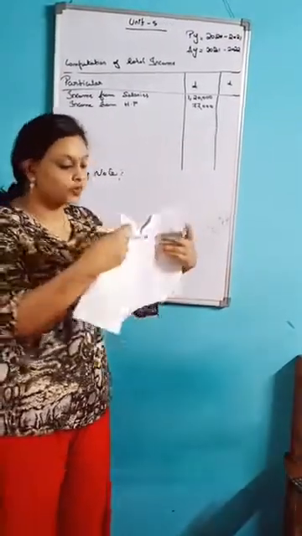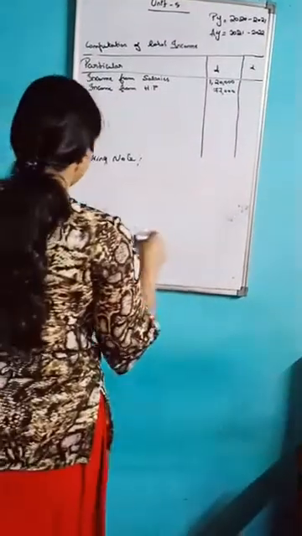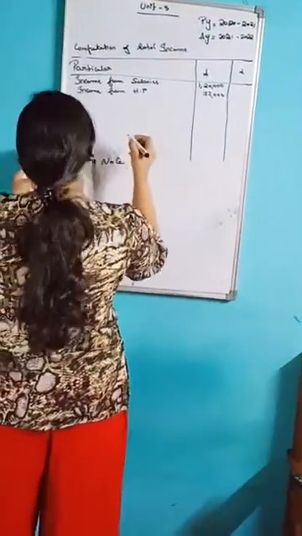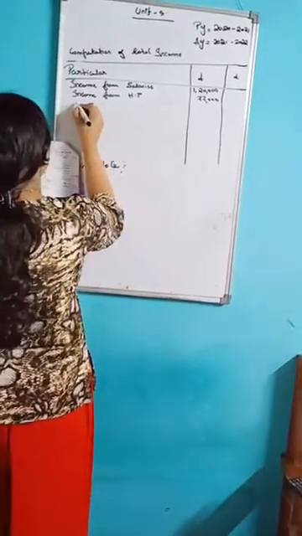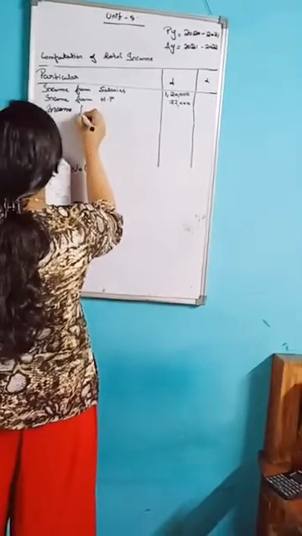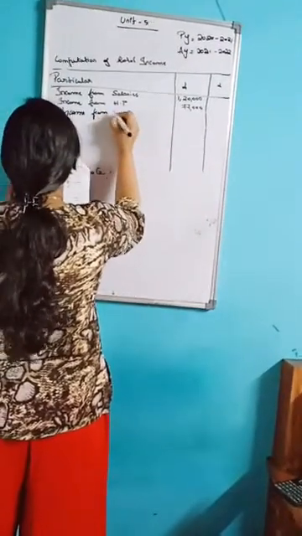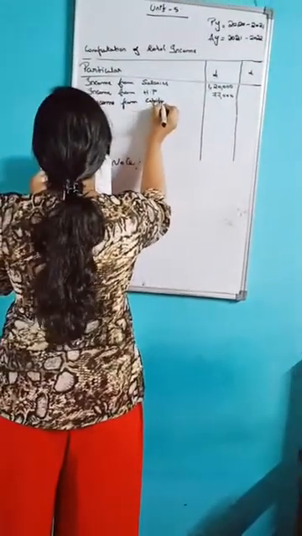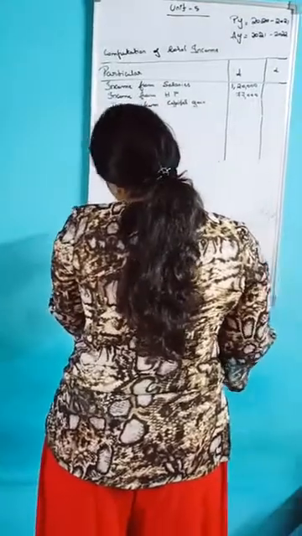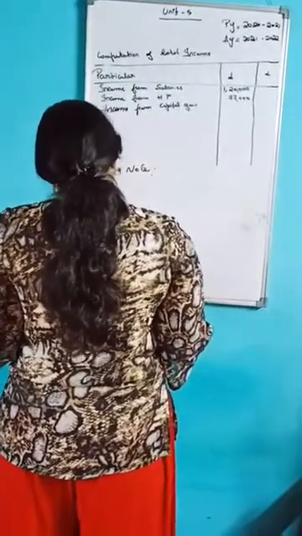So here you should write the answer, that is income from capital gain, that is 40,000.